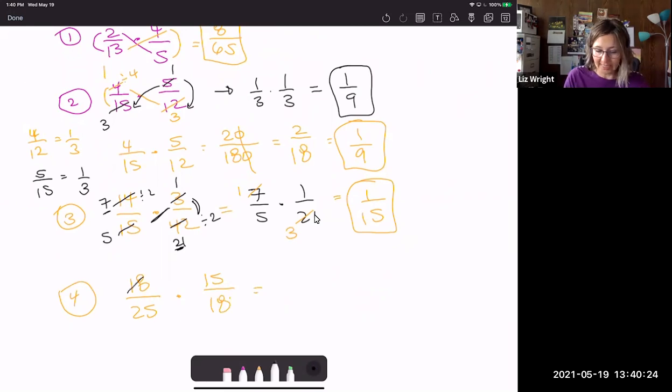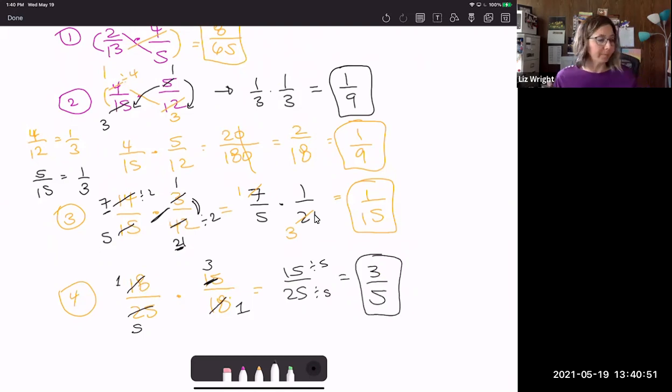Look, we got an 18 and an 18. Those will totally cancel out. And then essentially we've got 15/25, and I would have reduced here too, where I would have taken out a 5, and that would have been a 3, and that would have been a 5, and then you multiply straight across and you get 3/5. That's exactly what's going to happen here. If you went ahead and wrote it like this, we're going to get 3/5, and that's our answer.